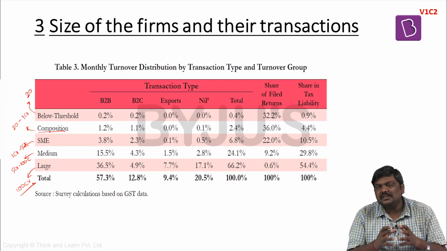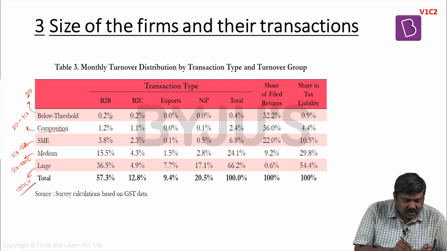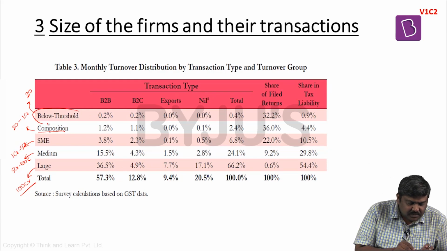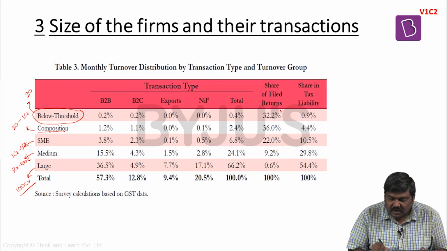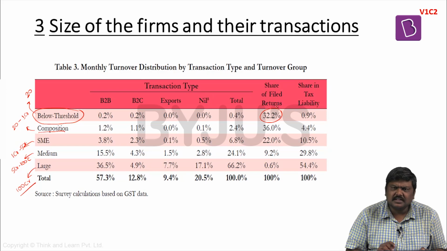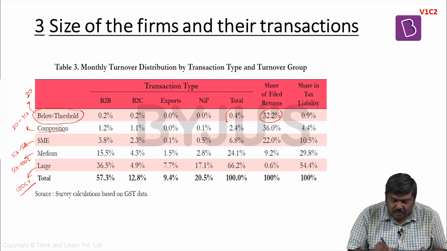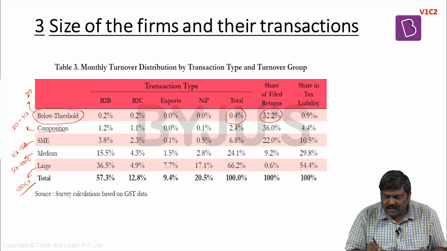So, what is the information that you can derive from this particular table? First, you can see that the companies, that is firms, GST registrants which are below the threshold, in terms of numbers, comprise 1/3 of the total firms, whereas they contribute only around 0.4% or lesser than 1% of the total turnover, as well as lesser than 1% of the tax liability.